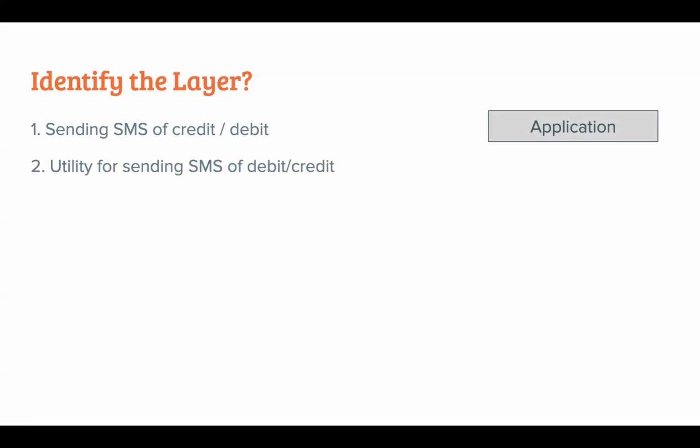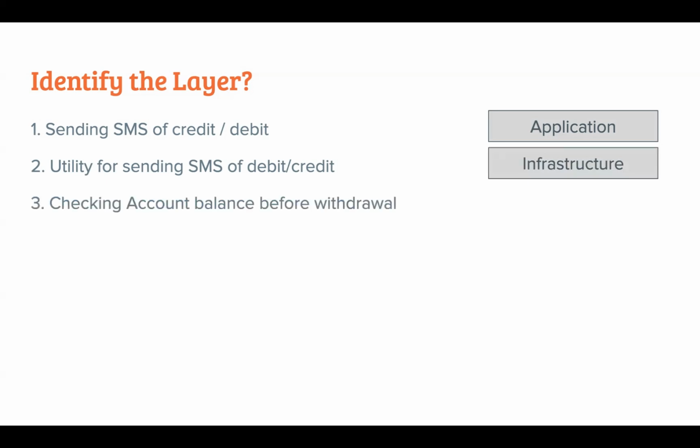Utility for sending SMS of debit or credit belongs in the infrastructure layer. Checking account balance before withdrawal belongs in the domain layer. The account object of the domain layer should be responsible for validating balance before withdrawal.